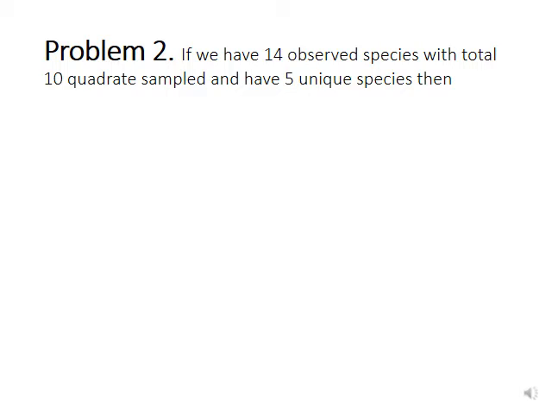The problem says we have 14 observed species with a total of 10 quadrats which have been sampled and have 5 unique species among all those quadrats which have been sampled. Then how to calculate richness?